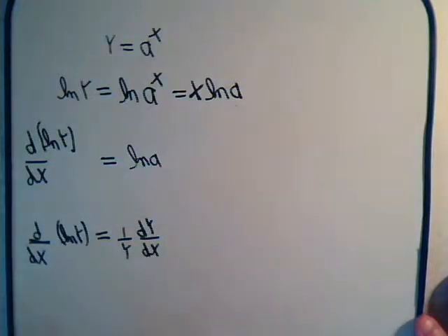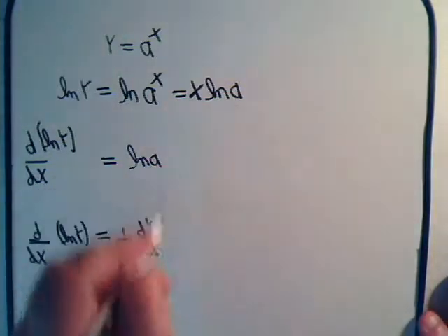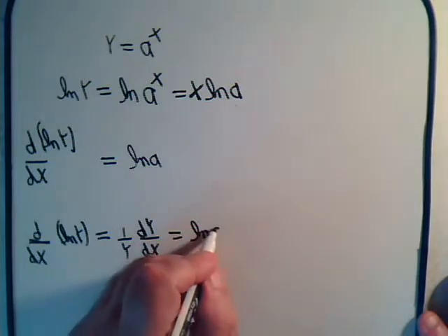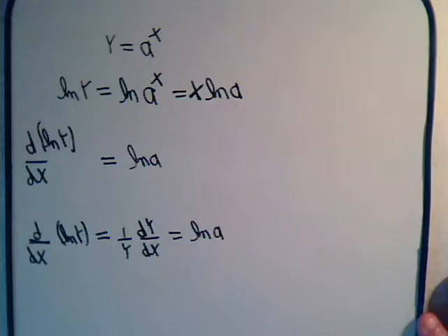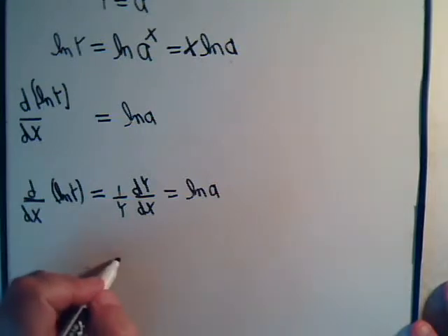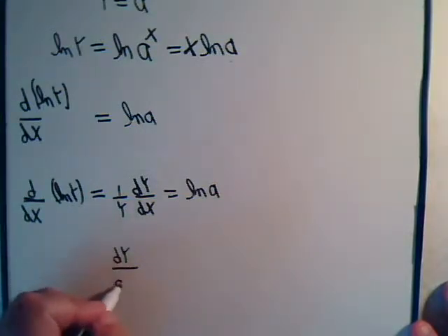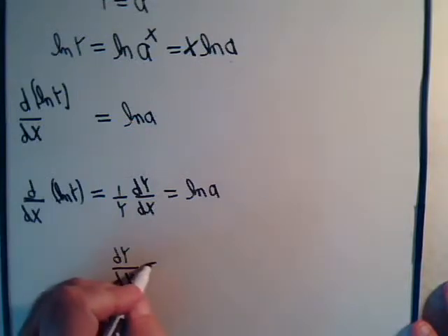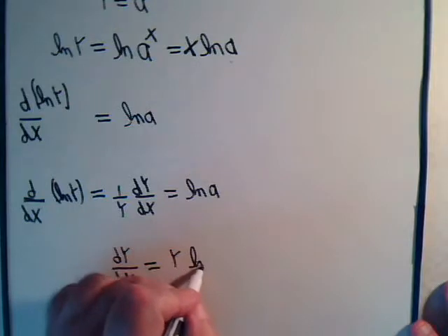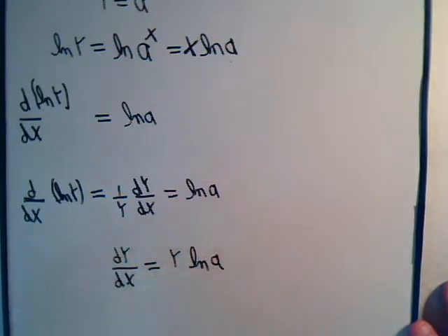That's just our logarithmic differentiation, and that has to equal the natural log of a. Or multiplying both sides of the equation by y, we would say dy/dx equals y times the natural log of a.